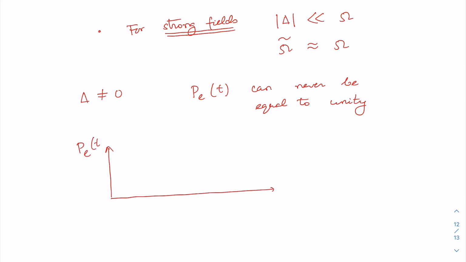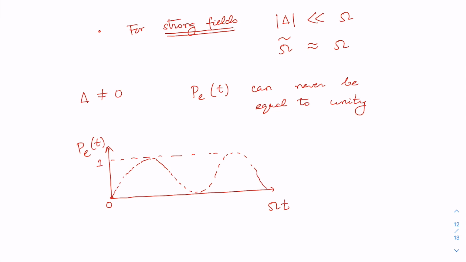In fact, this can be shown in this diagram here. P_e of t, if I plot versus Ωt, suppose the atom is in the ground state, so the excited state population would be 0 initially at time t equal to 0. So we will have this kind of plot for the resonant case.